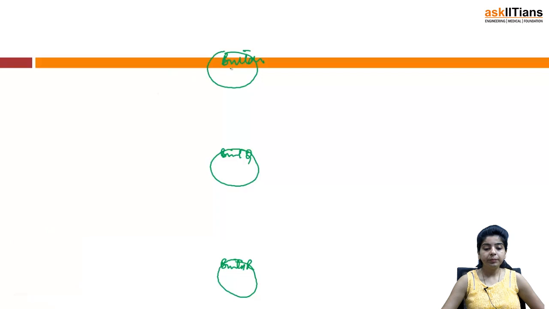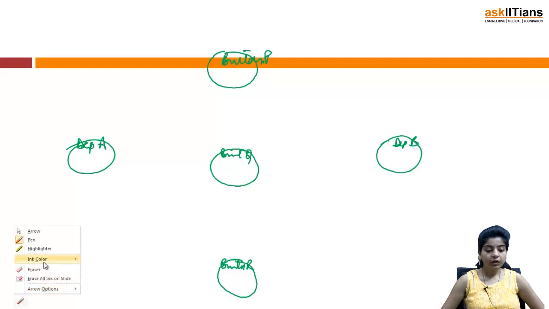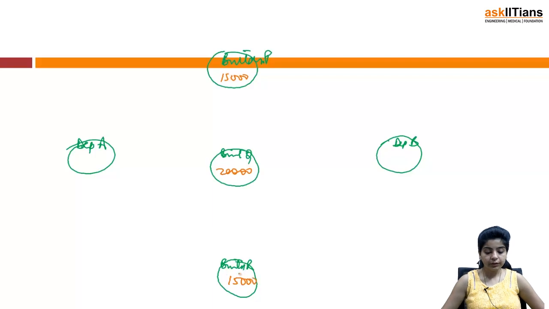So I have builder P, right, and then here we will have depot B, and then here I have depot A. Now, what about the requirements? We have here 15,000, then 20,000 and then 15,000, right?